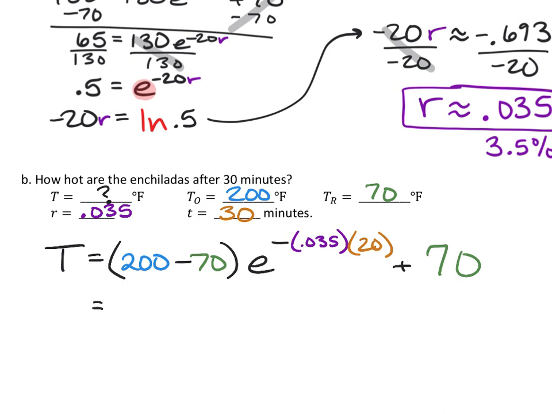Get out of exponent world, plus 70. Y'all gotta stop me when I do something silly. I used the wrong time. I put 20. How many minutes should it be cooling? Yeah, my bad. When we press enter, what do you get? I get 115.491 degrees Fahrenheit.